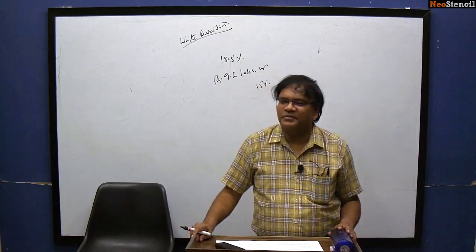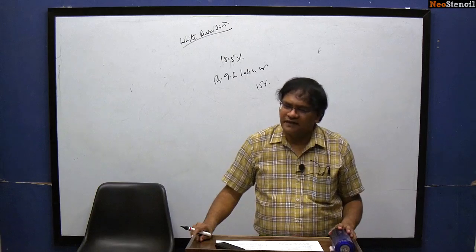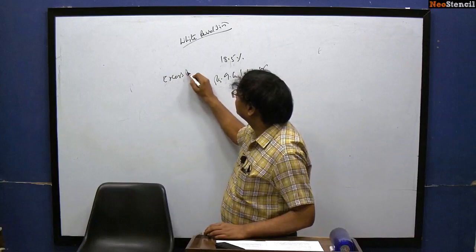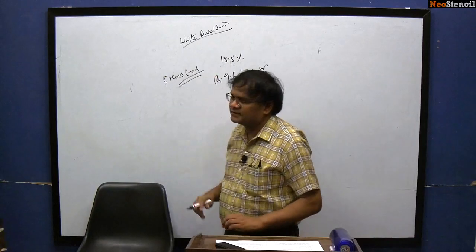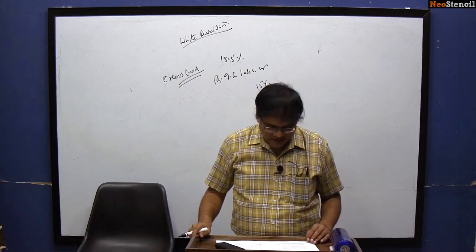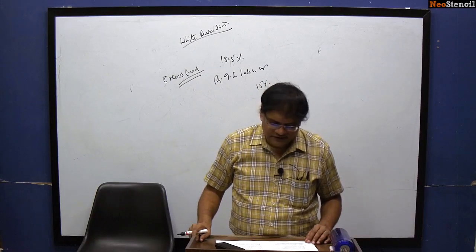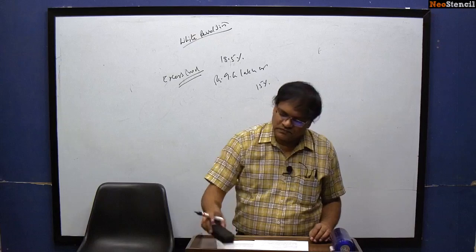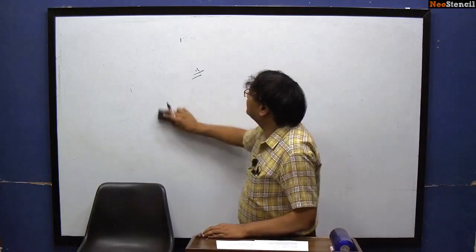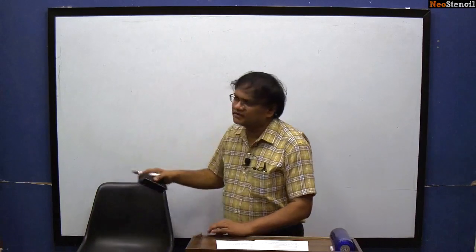And this has become a major problem also for India. Why? Because we have excess production compared to the demand. Milk is part of perishable commodities.